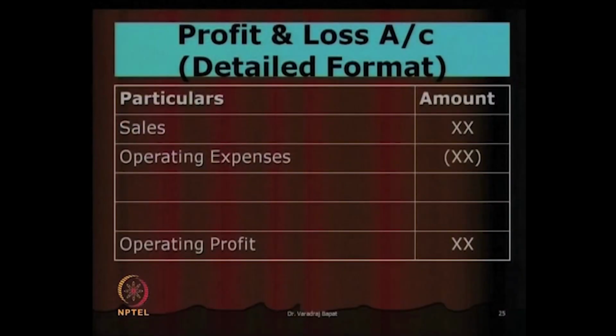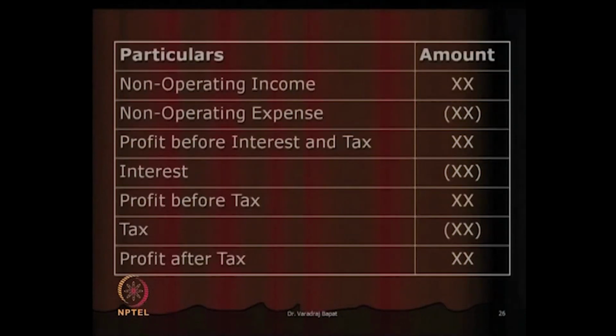That is why my sale and purchase or regular expenses of stationery will be shown as operating expenses, whereas loss on sale of old furniture may be shown as non-operating expense. So, you can see here sales minus operating expenses, I get operating profit. I adjust non-operating income and expenses to get profit before interest and tax.